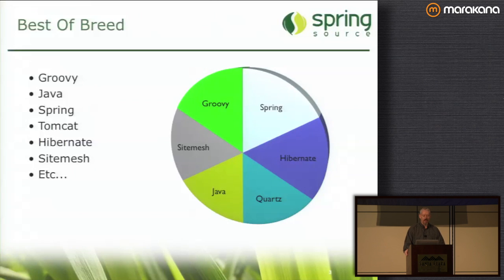So we built GORM on top of Hibernate, and then later on we fully decoupled GORM from Hibernate. With recent versions of Grails, and it's been this way for quite a while now, you can pull Hibernate out and plug in some other persistence engine. There are a whole bunch of GORM plugins. There's the Hibernate plugin that we provide.